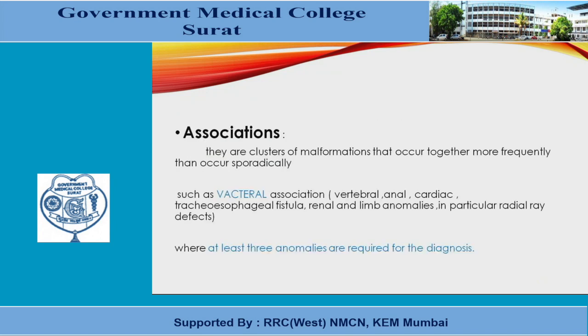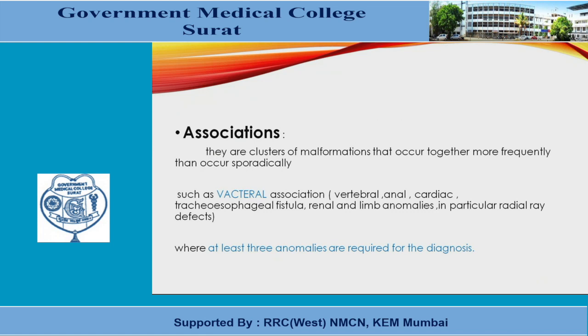And then there are associations. These are clusters of malformations that occur together more frequently than they occur sporadically. So associations are usually a cluster of different malformations which are seen together.